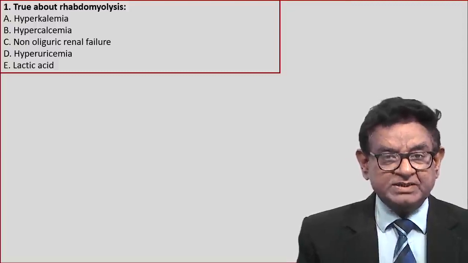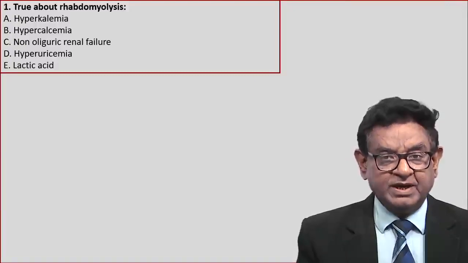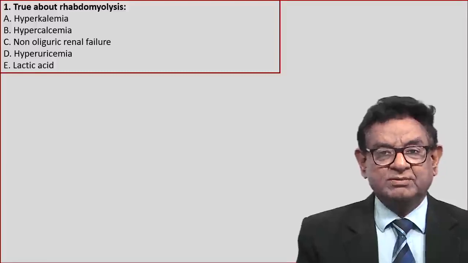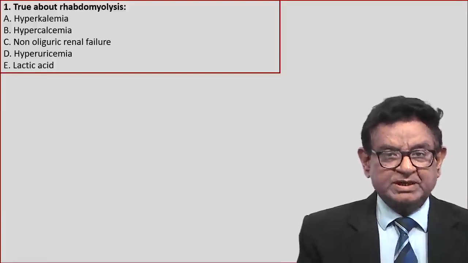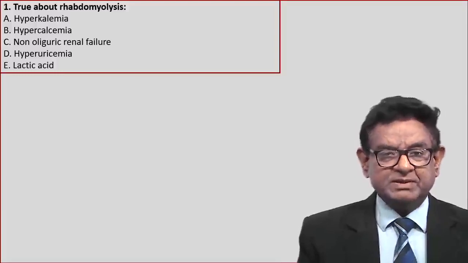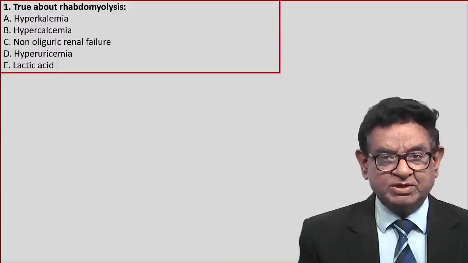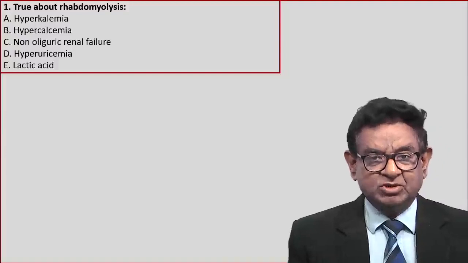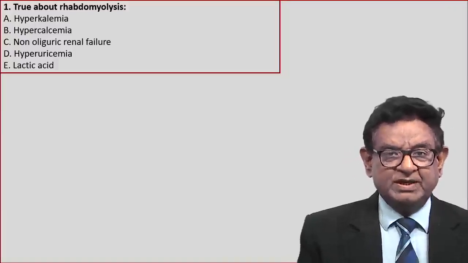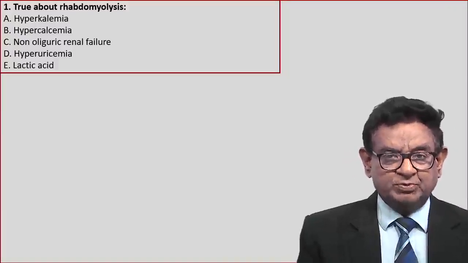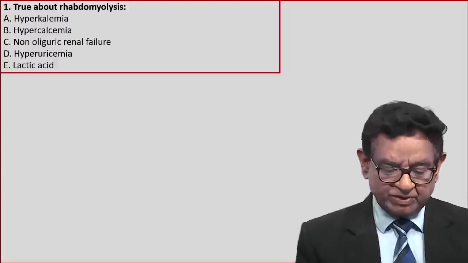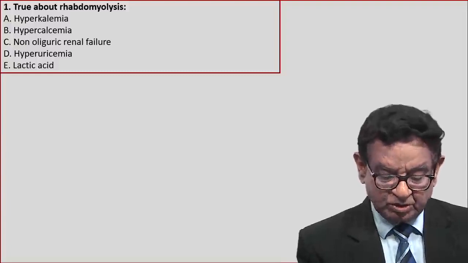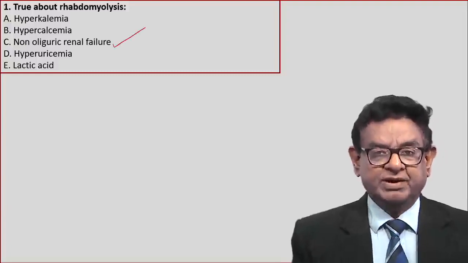Still, as the solute load is very high, he is not able to excrete all the urea and creatinine. He may be passing maybe a liter or 2 liters of urine, but the solute load is so high that even 2 liters of urine output is not enough to excrete it all. That's why we use the term non-oliguric renal failure.